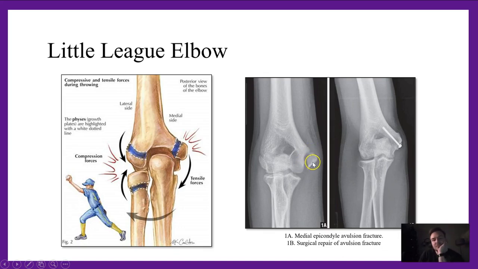If it's separated by 5 millimeters or more, that's an indication for surgery. Otherwise, they try to let it heal. They take a screw and pin it back. You can see the growth plate here as well. And on a repeat x-ray, this individual, slightly different angle of the elbow, it looks like that growth plate may have fused later on. Anyways.